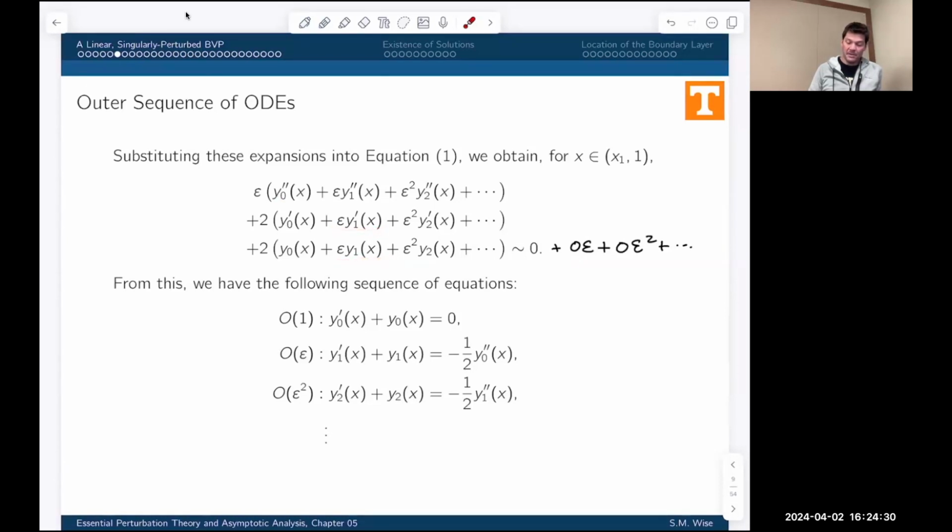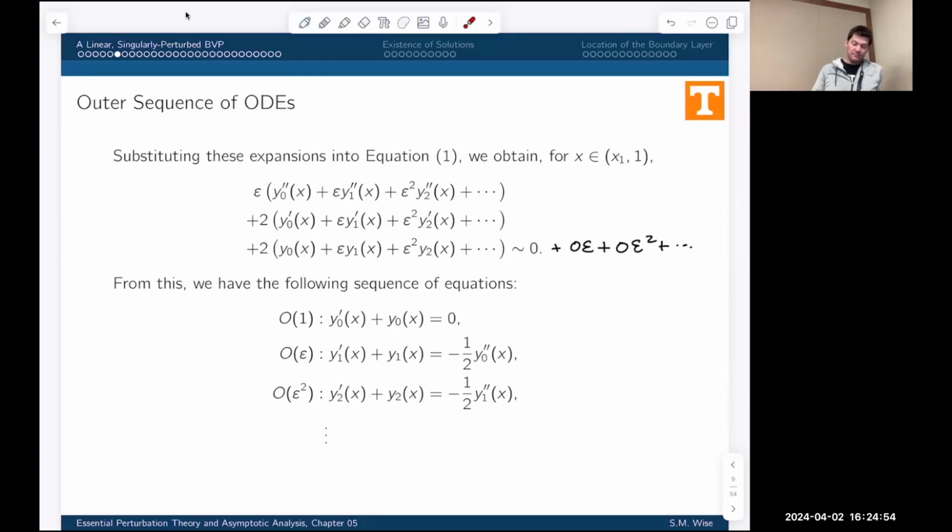And those are all going to be equal to 0, the order epsilon coefficient on the right-hand side. Well, I already know what y0 is, presumably from solving the order 1 equation. So I'm going to throw that over on the right-hand side with a minus. And then when I divide by 2, I get minus 1/2 y0 double prime.